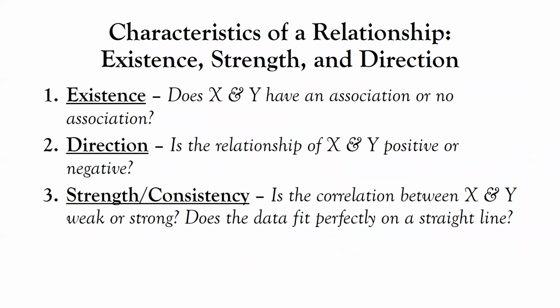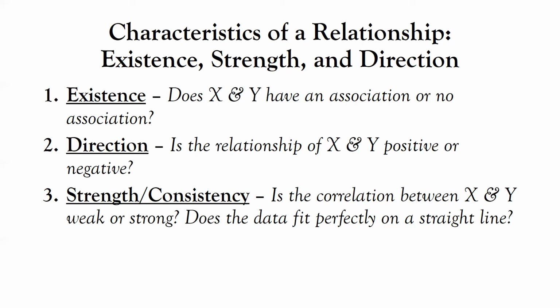All right. So what do we mean by negative relationship, positive relationship? When we say that, we are describing the relationship in terms of certain characteristics, and we have three that are very important. The first one is existence, the second one is direction, and the third one is strength or consistency. So when we say existence, we are asking if X and Y variables have an association or no association at all.